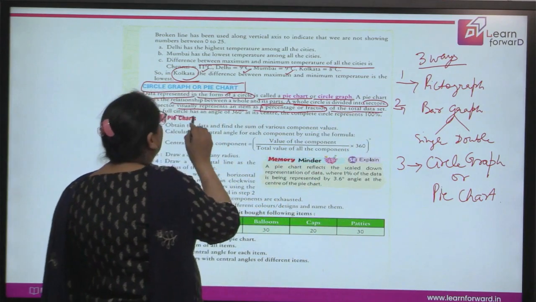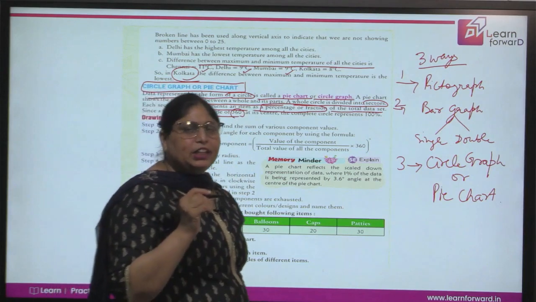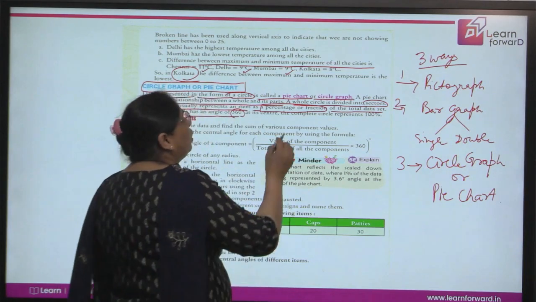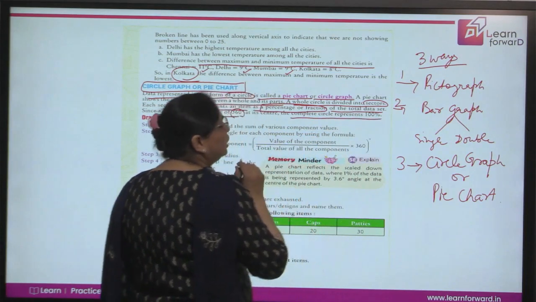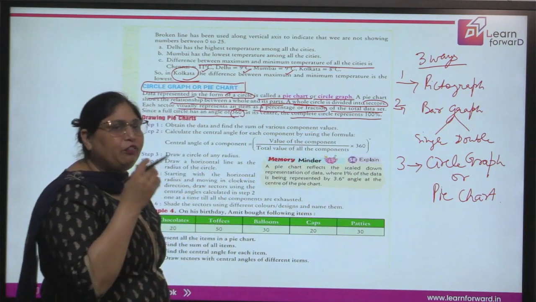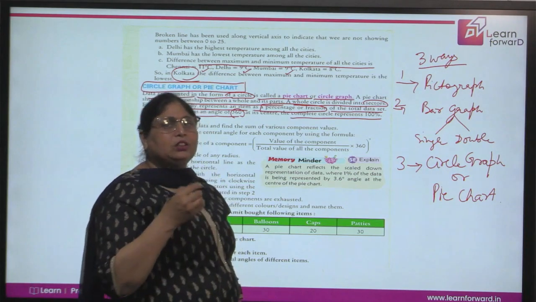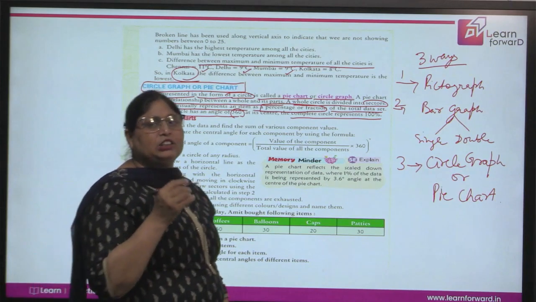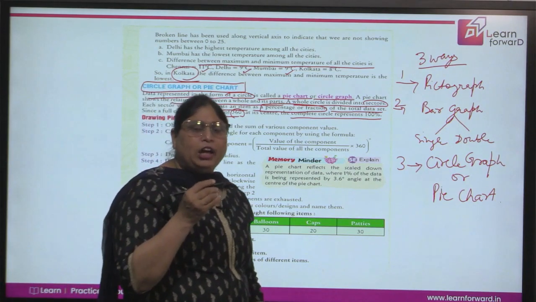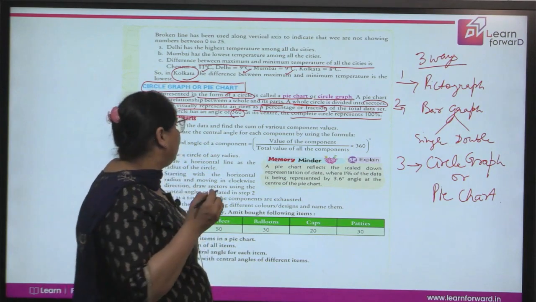Since the angle at the center of a circle is 360 degrees, the complete circle represents 100%.